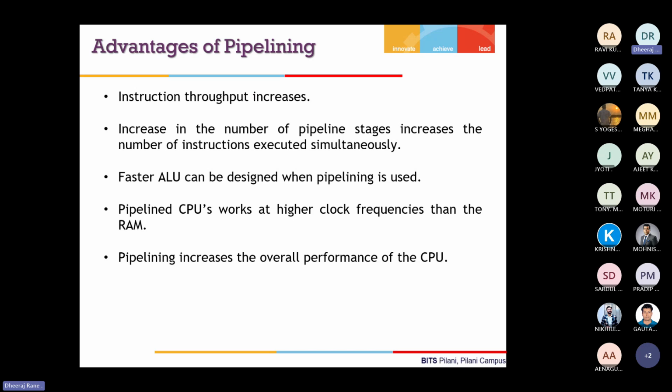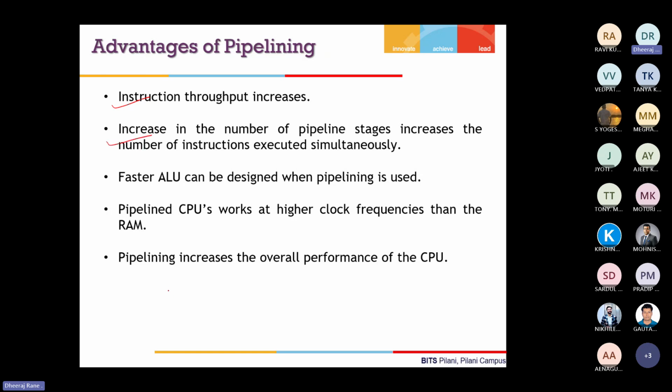You can easily assume that instruction throughput will obviously increase, because the number of instructions we will be able to carry out within a stipulated time will be more. Increasing the number of pipeline stages increases the number of instructions executed simultaneously.